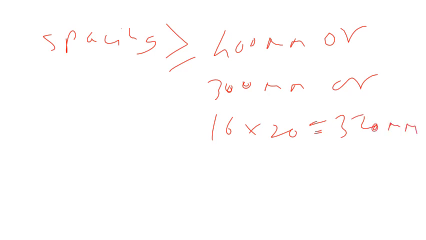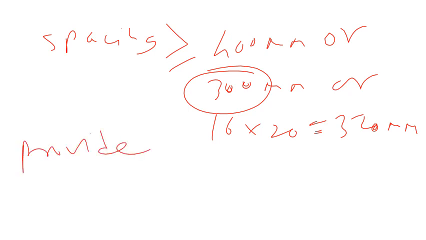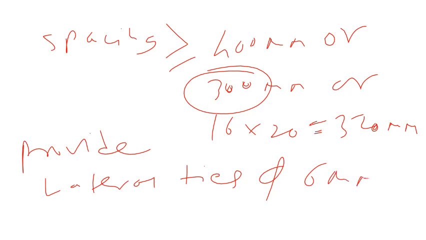So we can provide the minimum of these, so we can choose this. So provide lateral ties having 6 mm diameter at the rate of 300 mm center to center, or tie to tie.